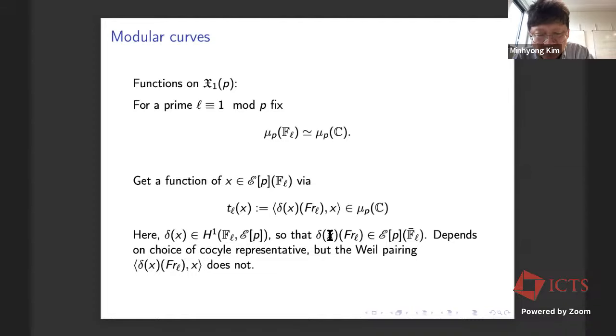Of course, the cocycle representative needs to be chosen, but when you take the Weil pairing with a rational point, that choice goes away. So you get a number, a p-th root of unity this way, associated to a prime ℓ. I'm calling that T_ℓ. So this is a kind of local function on X_1(p).